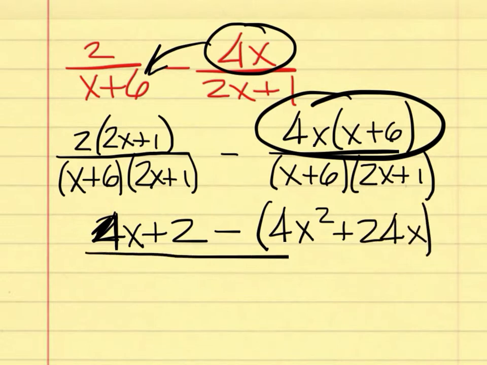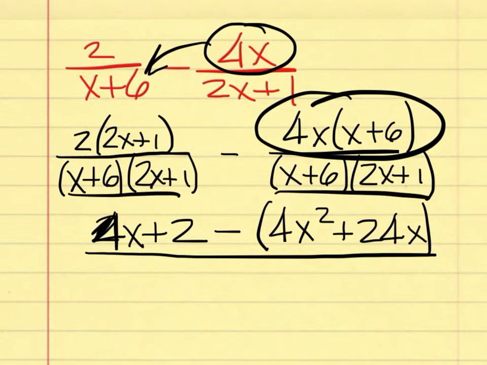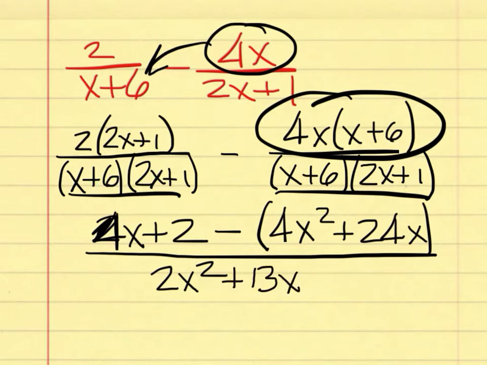And on the bottom, your denominator is going to be the multiplication of those two. So when I multiply that out, I'm going to start with a 2x squared, and then I'm going to have 1x plus 12x. That's going to be 13x. And then you finish off with a plus 6.